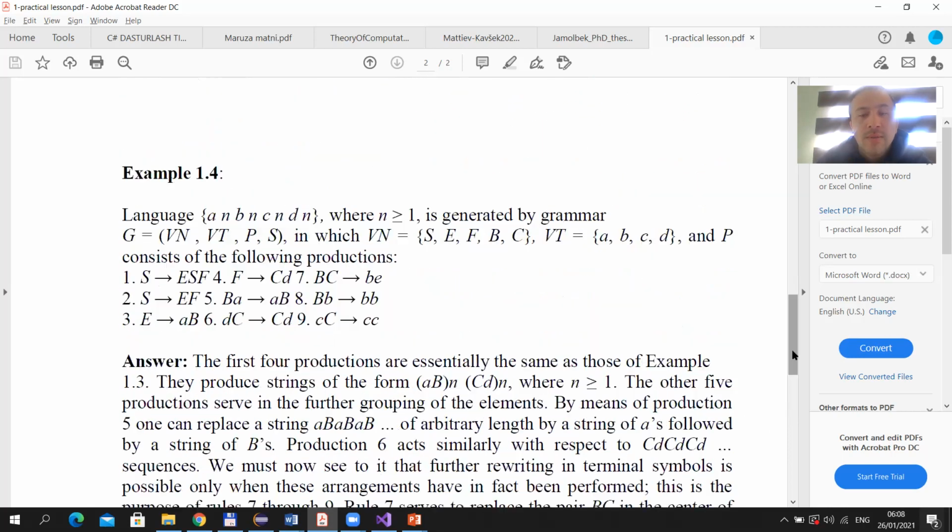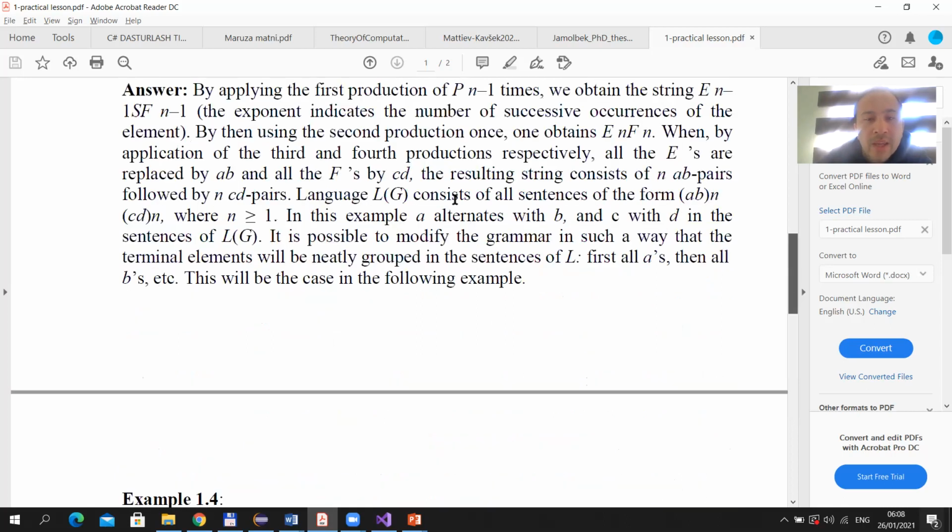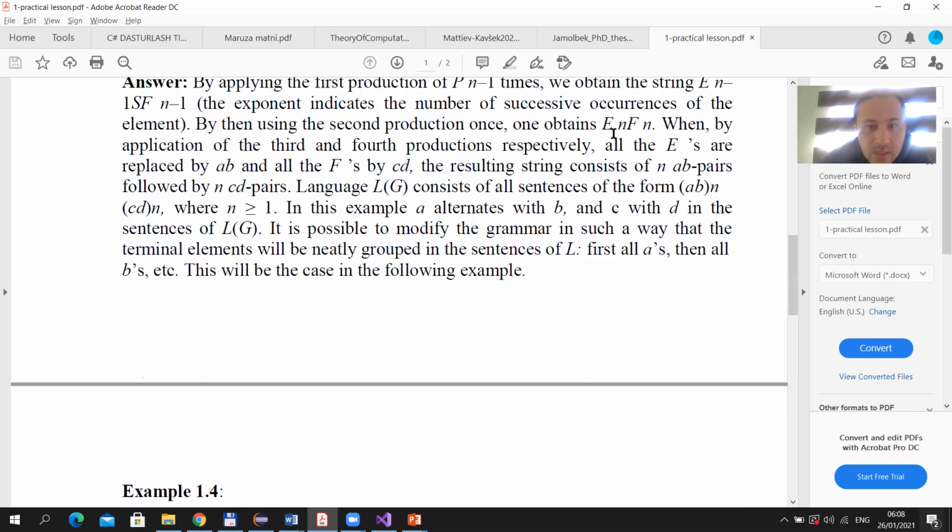So the goal was here. We see here that we produced AB n times and CD n times in exercise number 3.